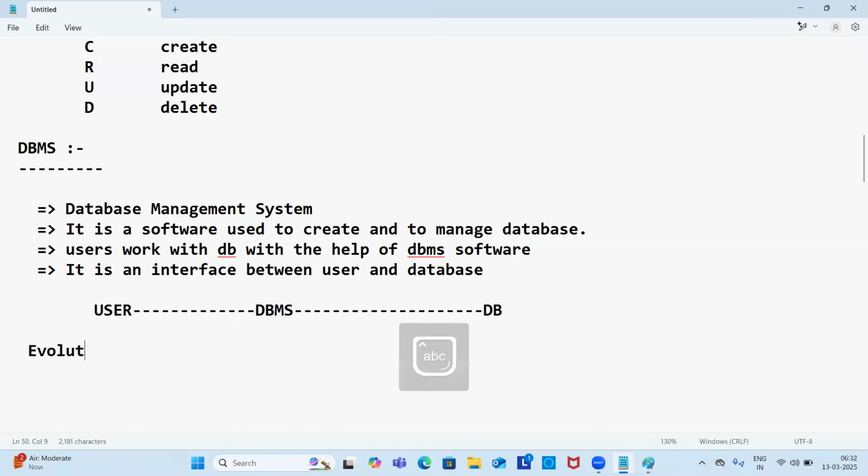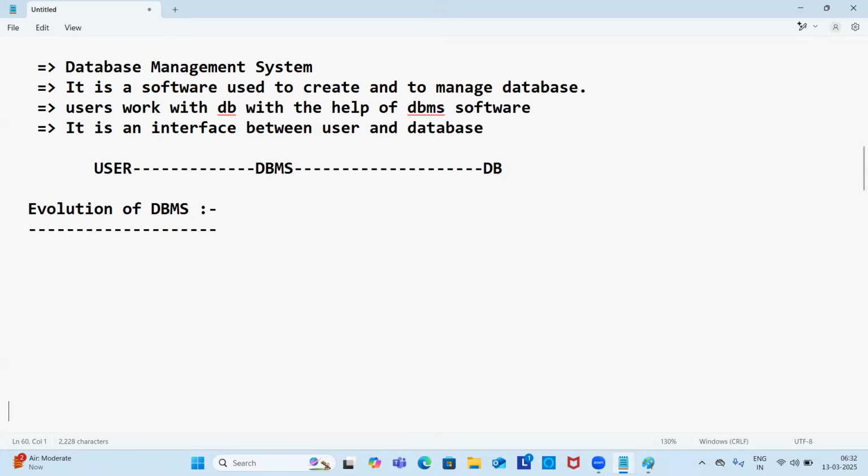But what are the different types of DBMS? What is the evolution of DBMS? Evolution means step-by-step development.